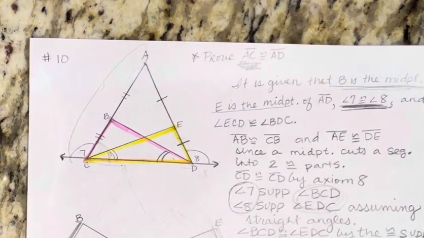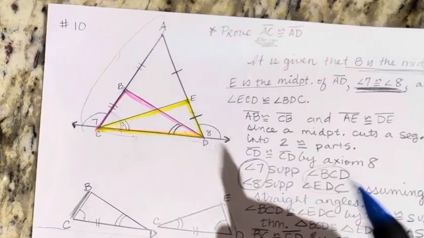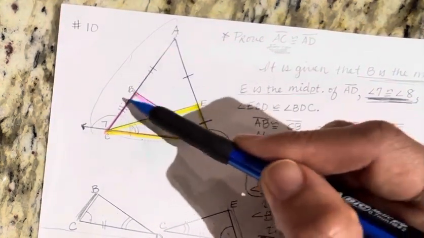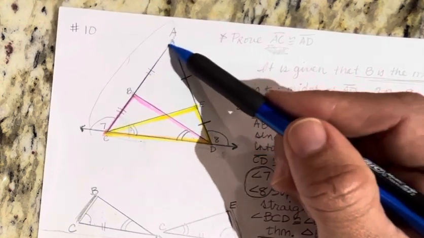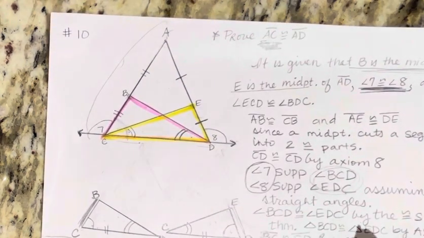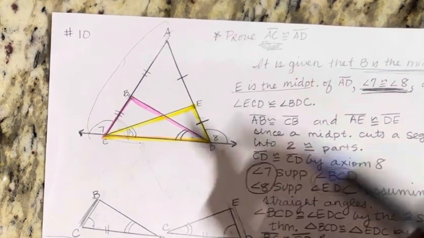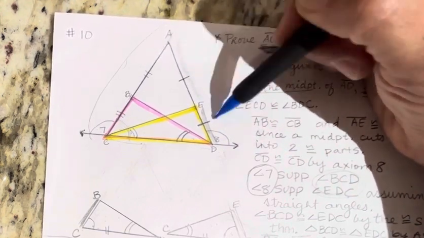So I'm going to be using axiom 6. It says things which are doubled of the same thing or of equal things are equal to one another. So we know that BC and AB, those are doubles of the same thing, right? And same thing here with ED and AE.